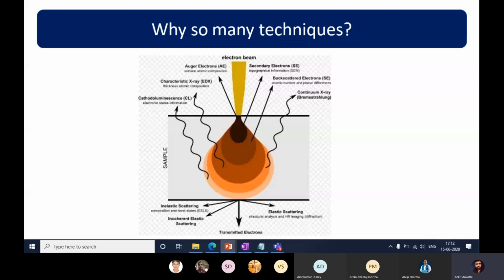There is emission of secondary electrons, back scattered electrons, characteristic X-rays are also coming out, or some Auger electrons are also coming out. So there is a combination of elastic scattering and inelastic scattering. That's why it actually depends upon the technique, on what you are actually analyzing.